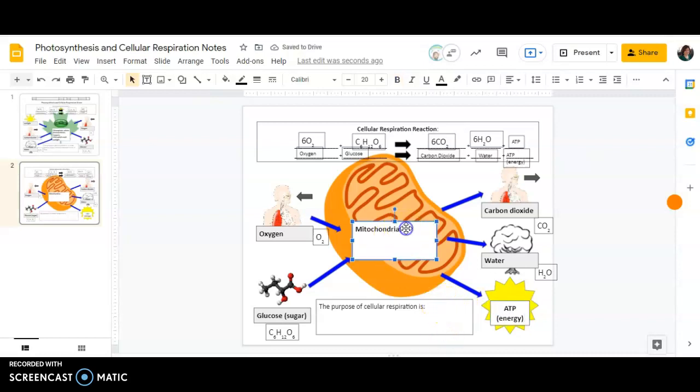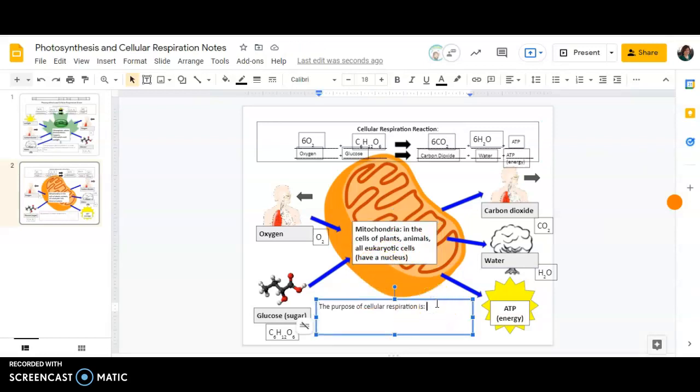All right. So the mitochondria are in the cells of plants, animals, and all eukaryotes. Okay, eukaryotes have a nucleus. So if the cell has a nucleus, which is almost everything except for things like bacteria, you're going to have mitochondria. This is where cellular respiration will occur.